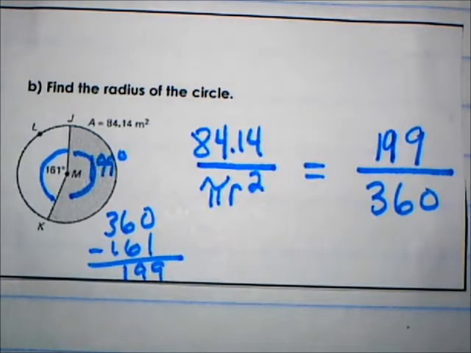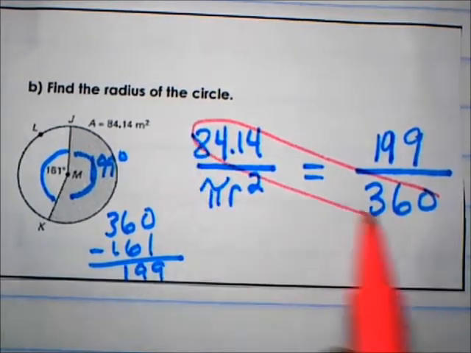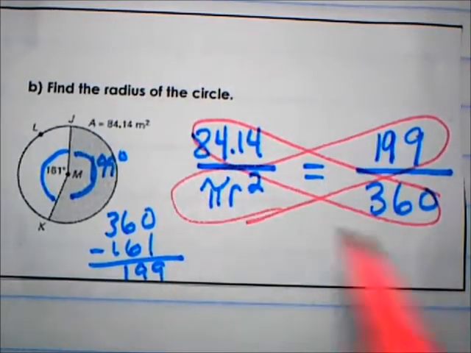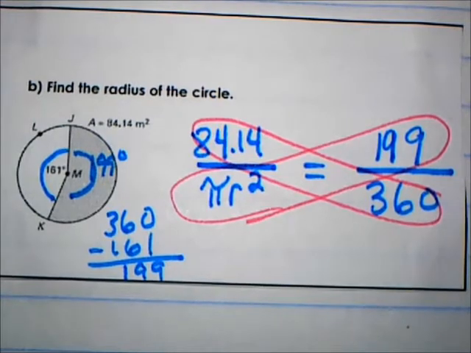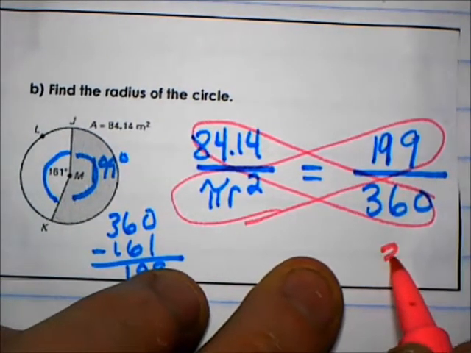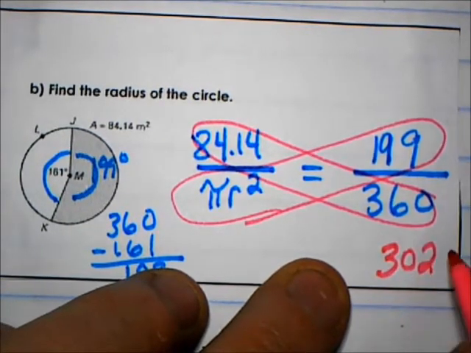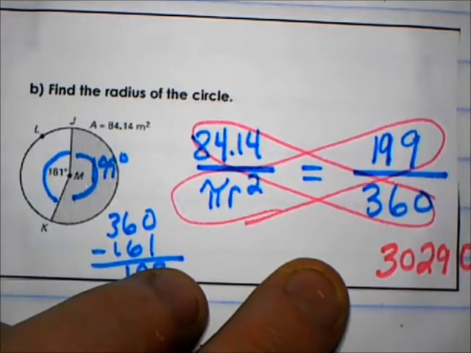Now I'm ready to cross multiply again. 84.14 times 360 gives me 30290.4.